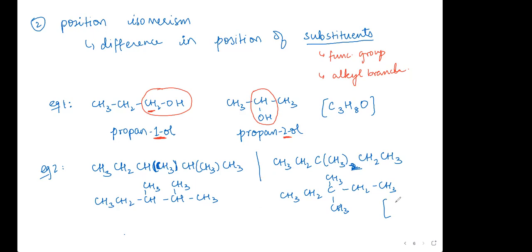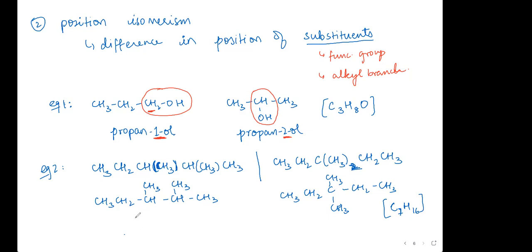So what is the molecular formula for both of these? Just count. They have only carbon and hydrogen. C7H16. So both of these are isomers of heptane mainly.